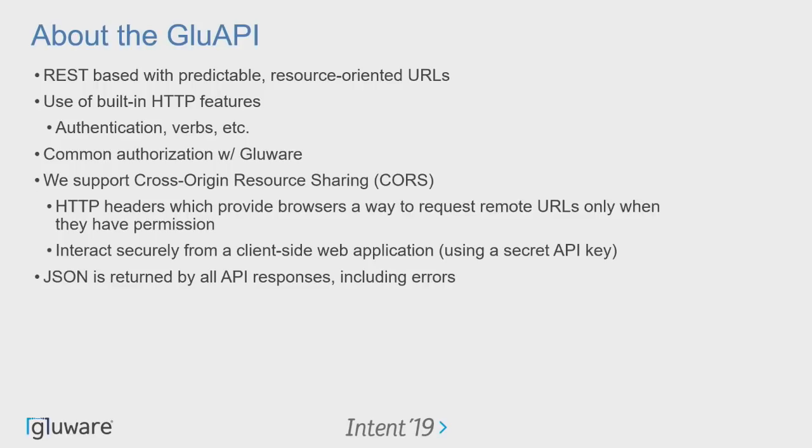We use cross-origin resource sharing to protect that endpoint and make it as secure as possible, although in an on-prem installation, obviously this is all going on within your installation. And all of the information is fed back via JSON, whether it be error messages or otherwise.